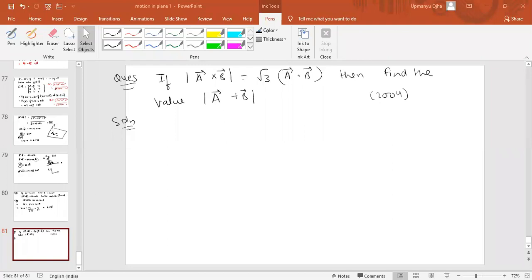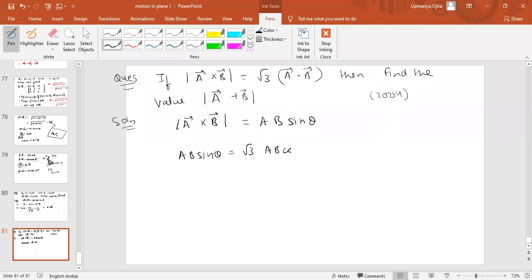So see, first of all, what is mod of A cross B? Mod of A cross B is AB sine theta. Is this correct or not? And this mod of A cross B is equal to, means AB sine theta is equal to root 3 times A dot B. A dot B is AB cos theta.